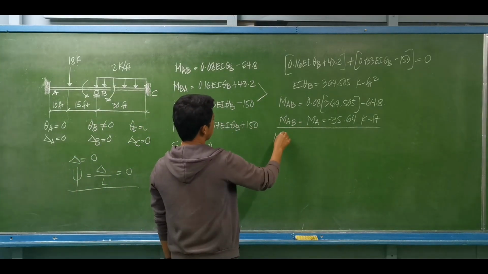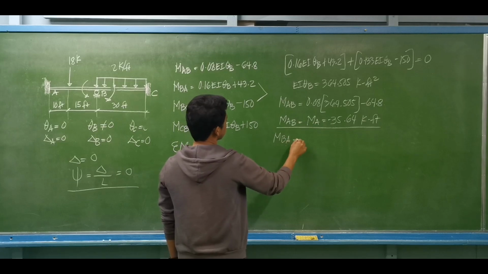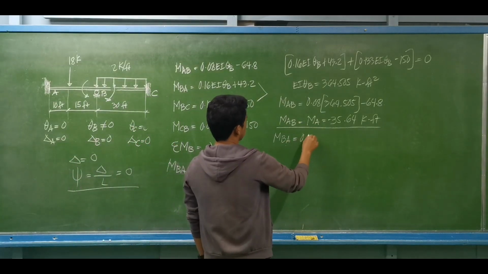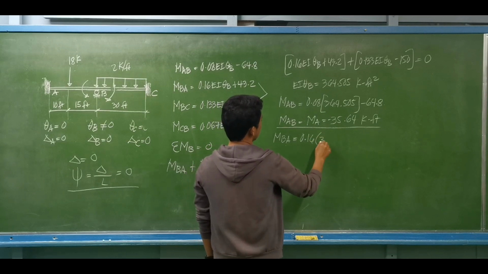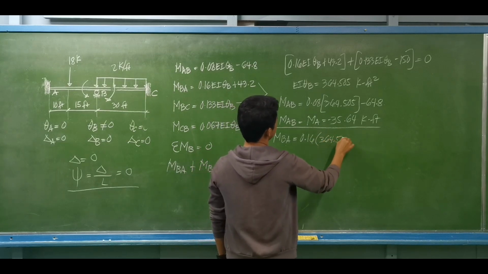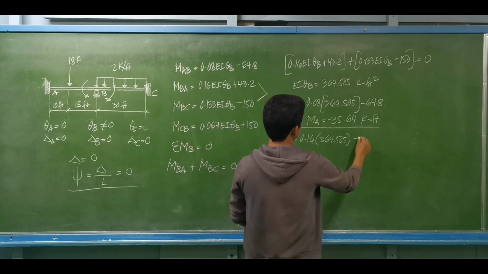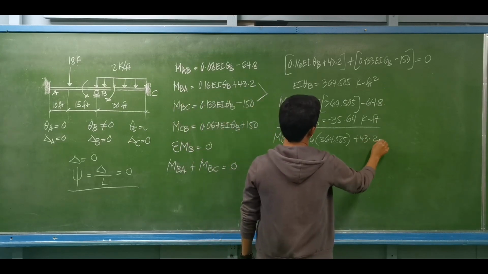We'll be having the moment for span BA. We have the equation 0.16 of EI theta sub B, 364.505, plus 43.2.